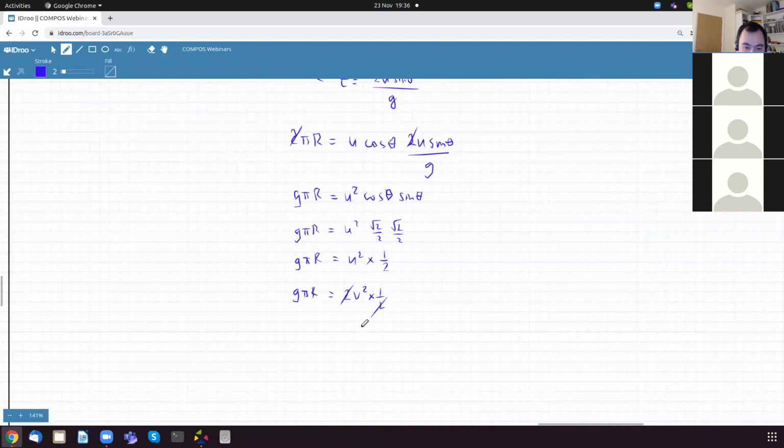So 2 cancels out, and we have v squared equals g pi r. So v is equal to square root of g pi r. This is the speed of the wheel.